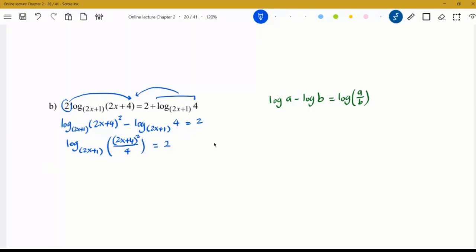So at this point you can take the anti-log, which is this kind of method. So we're gonna have 2x plus 1 to the power of 2 equal with inside the bracket 2x plus 4 squared divided by 4.